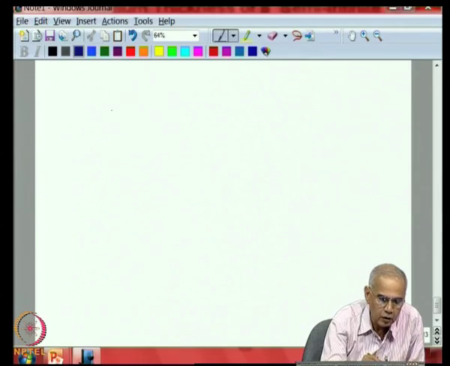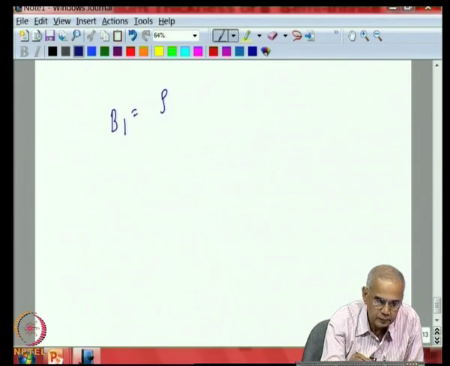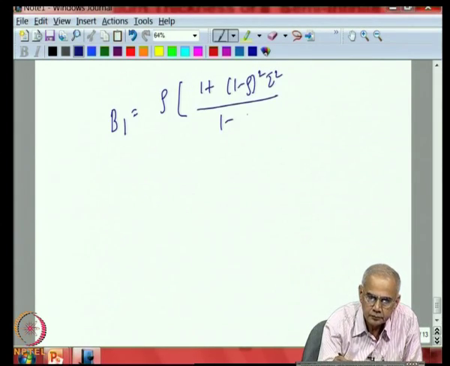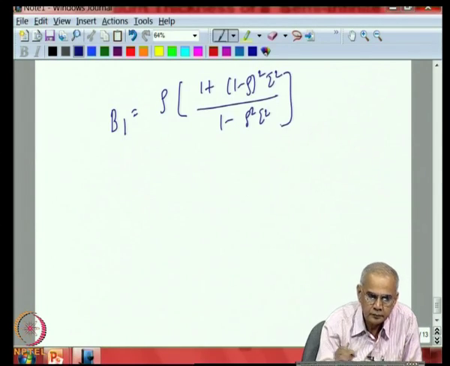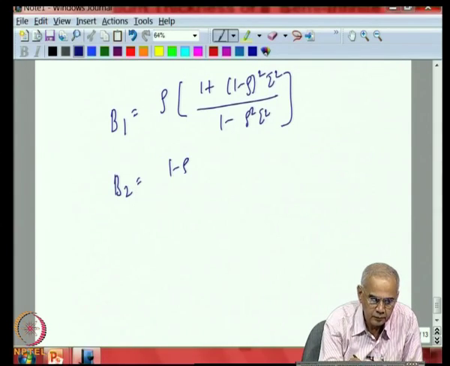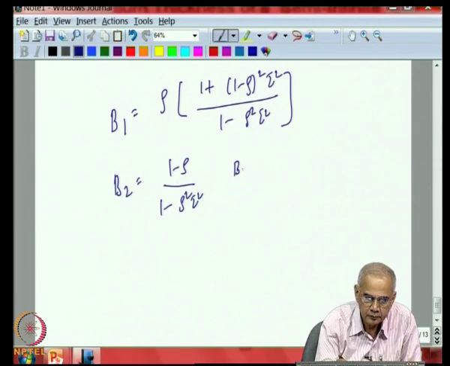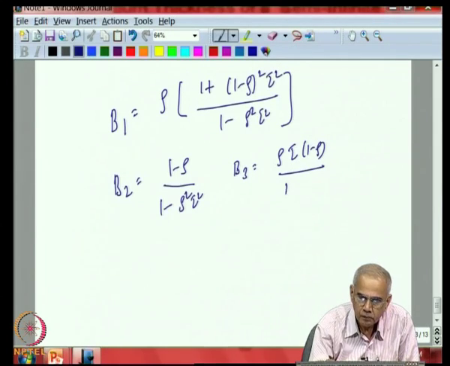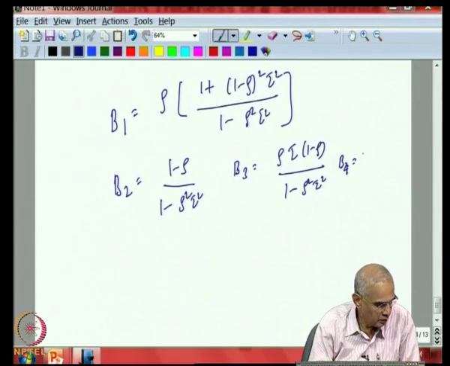So, if you solve for all the 4 with 4 equations, you get B1, B2 will solve to be, for B3, and B4 is.